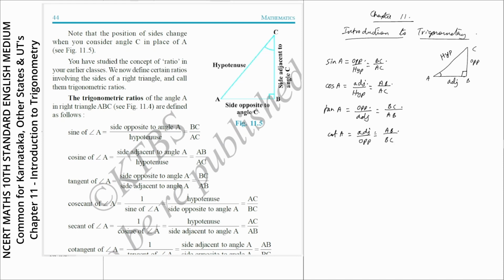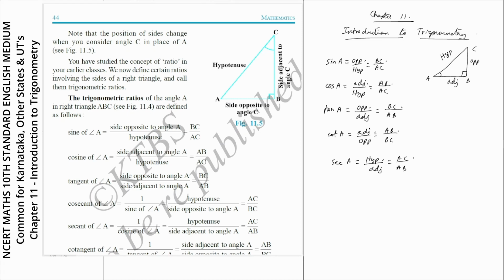Similarly, secant, or in short form sec, secant of angle A is defined as hypotenuse side by adjacent side. So this is nothing but AC by AB.